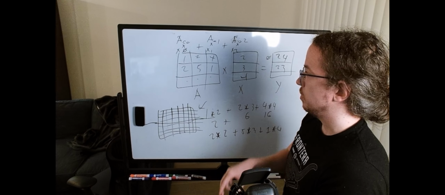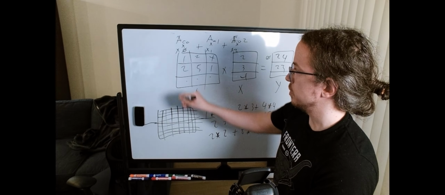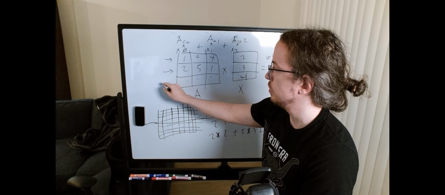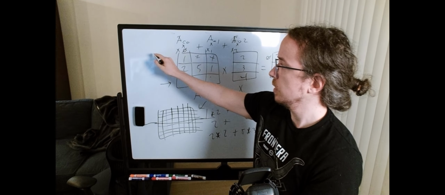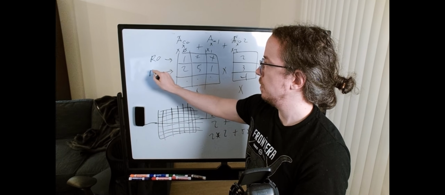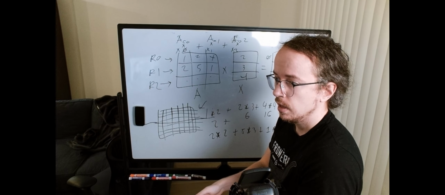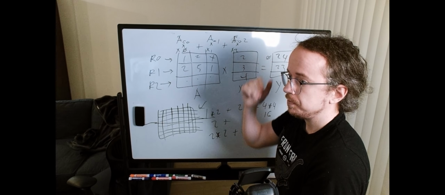Our first example isn't great for that, but if we have 3 workers, then 1 worker could do row 0, 1 worker could do row 1, 1 worker could do row 2, and we could do them all in parallel and we'd get the correct solution.